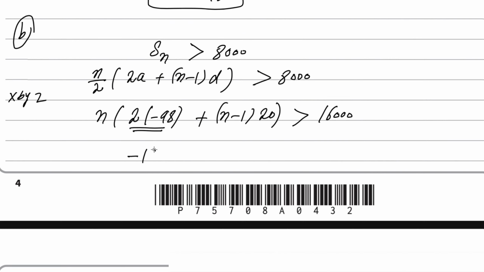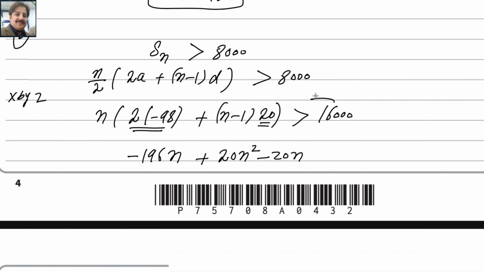This is minus 196. This minus 196 will multiply by n, so you get here minus 196n. Plus this 20 will multiply with n, you get 20n. 20n will multiply both numbers here, so it will be 20n squared minus 20n.